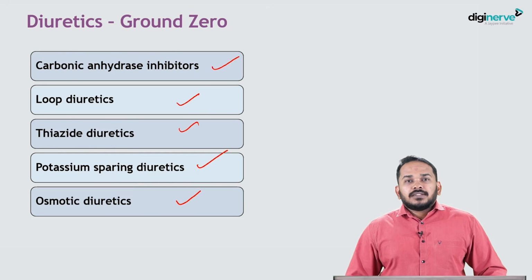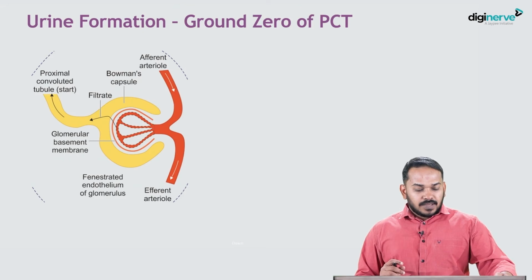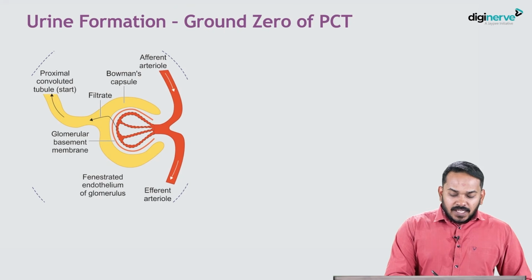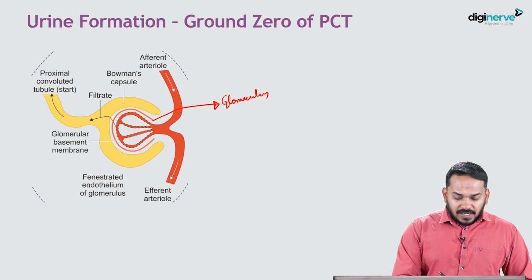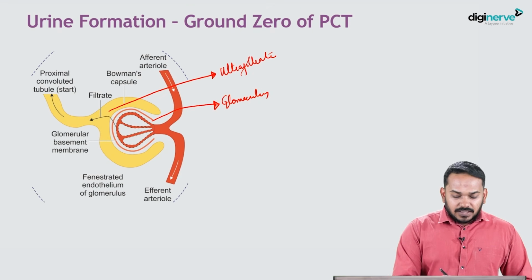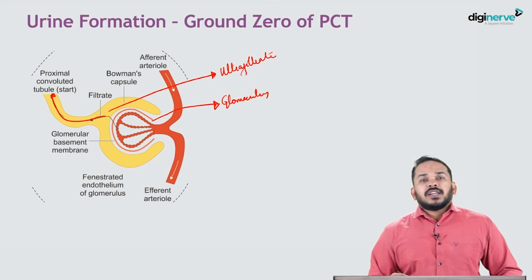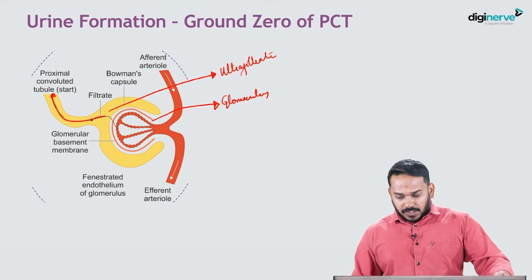So now we will see the concentrating mechanisms of the ultrafiltrate in various areas of the nephron. First we will see what happens in the proximal convoluted tubule. The fluid that is filtered from the glomerulus will reach the Bowman's capsule. This is known as ultrafiltrate, and it will move from the Bowman's capsule into the proximal convoluted tubule, which is present in the cortex.